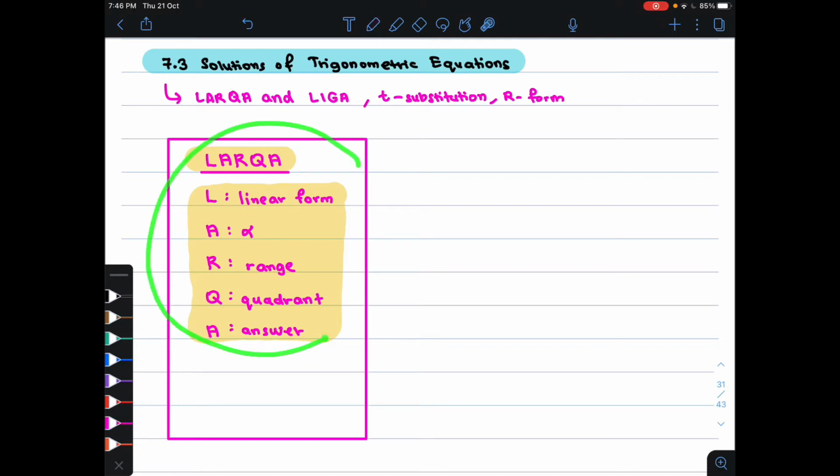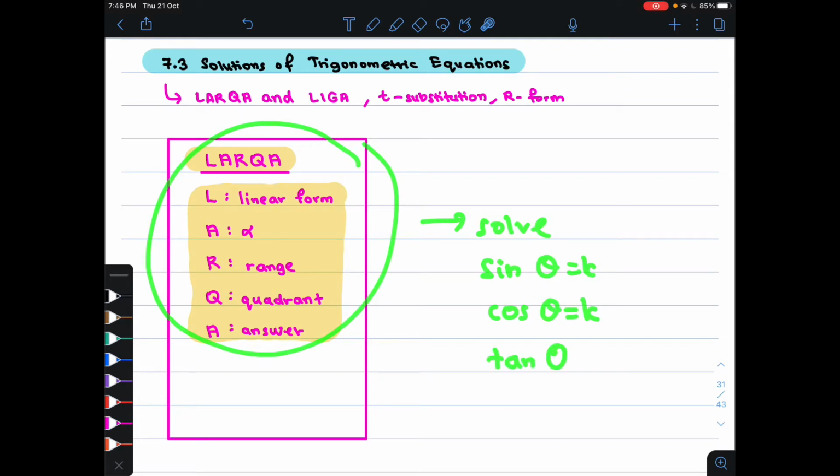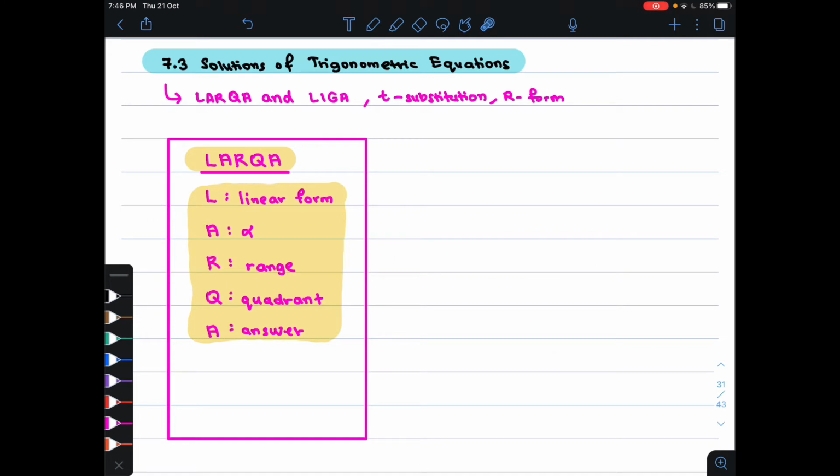So we will use LARKA in order to solve for sin theta equal to K, or cos theta equal to K, or tan theta equal to K, where K can be any value. This means that K can be a positive value, or a negative value, or K equal to 0. So we can use LARKA for any value of K.